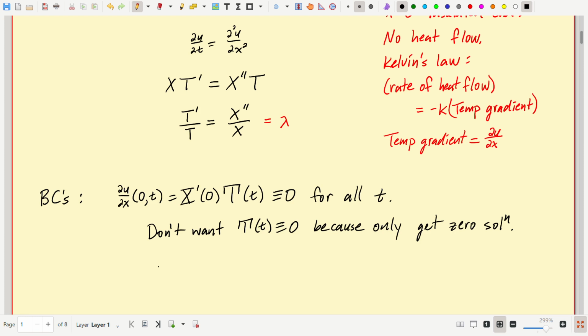So we need the other thing to be 0. We need X prime at 0 to be 0.